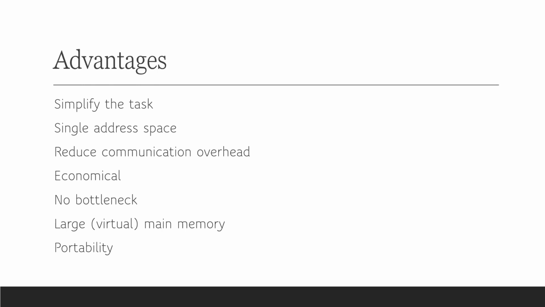By providing a single address space, we can avoid data movement across multiple address spaces, and we can simplify passing by reference as well as passing complex data structures which contain pointers. If a block of data needs to be moved, the system can exploit locality of reference to reduce the communication overhead. So at the end of the day, communication overhead is also reduced.